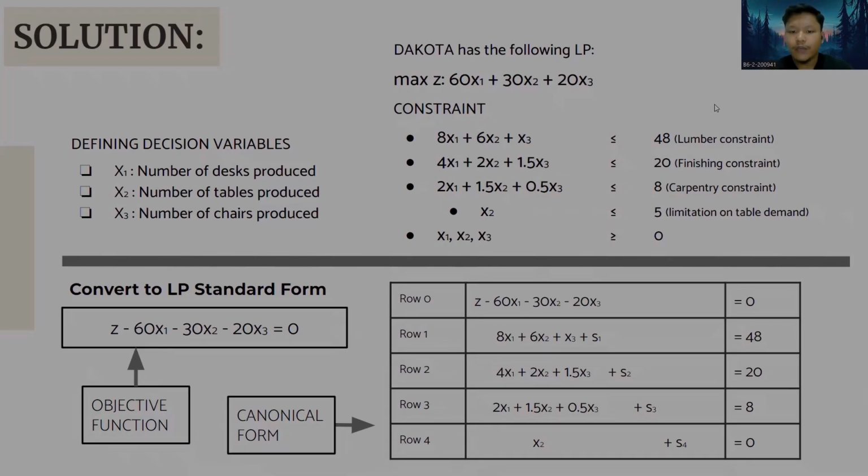So we have 5 rows, from row 0 to row 4. Next, I will pass the presentation to my colleague, Muhammad Aiman.